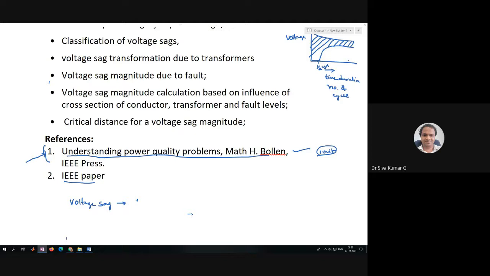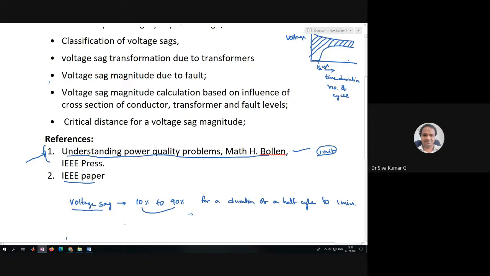It is defined as a variation of the voltage between 10% to 90%. If there is any voltage variation between 10 to 90% for a duration of half cycle to 1 minute, in that case we will say it is a voltage sag.